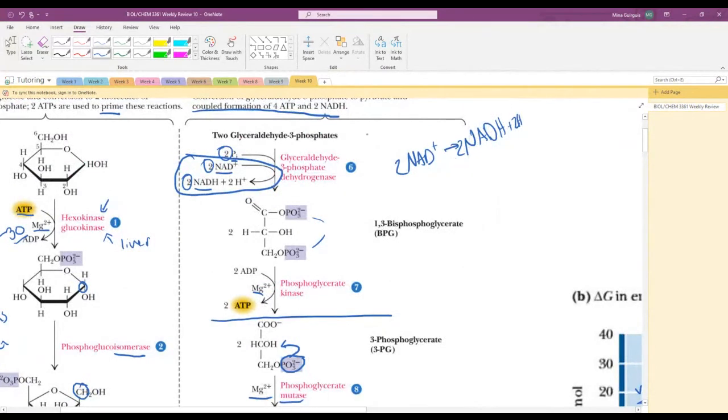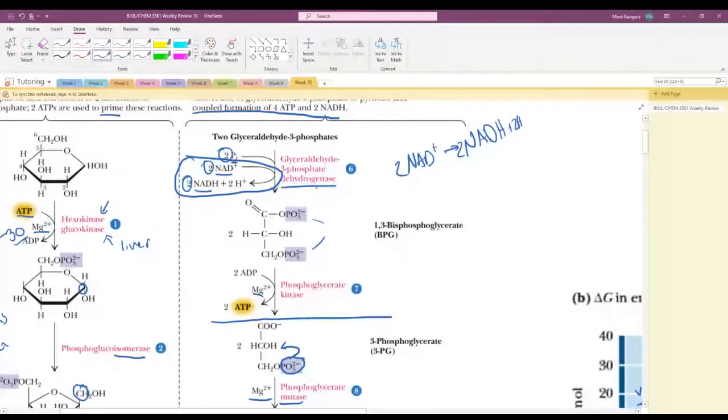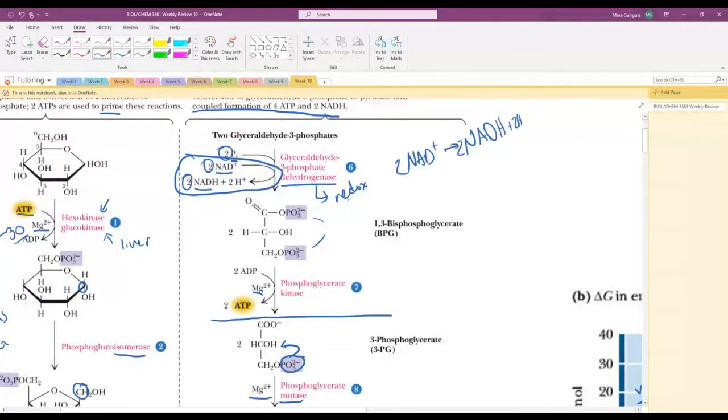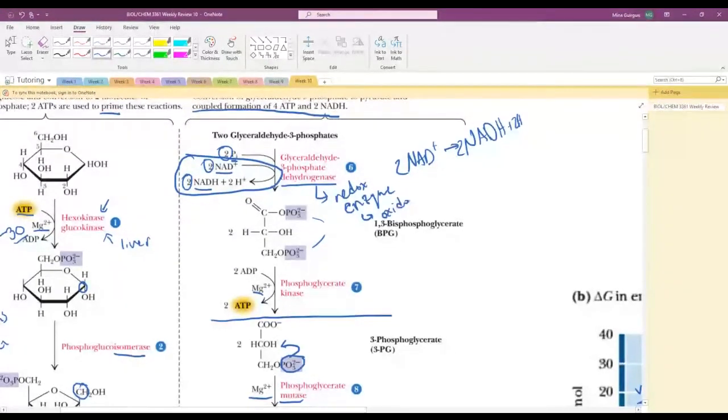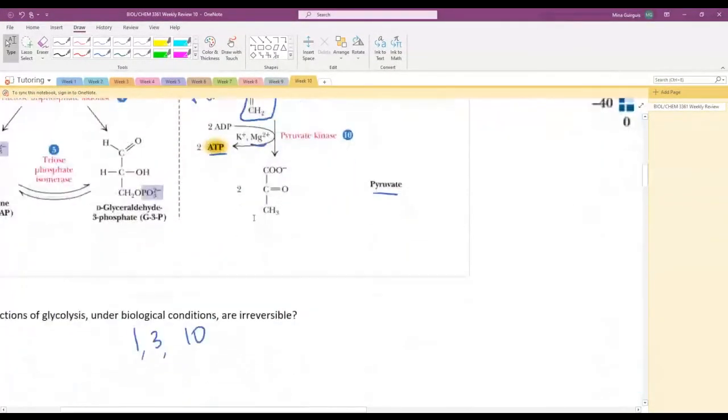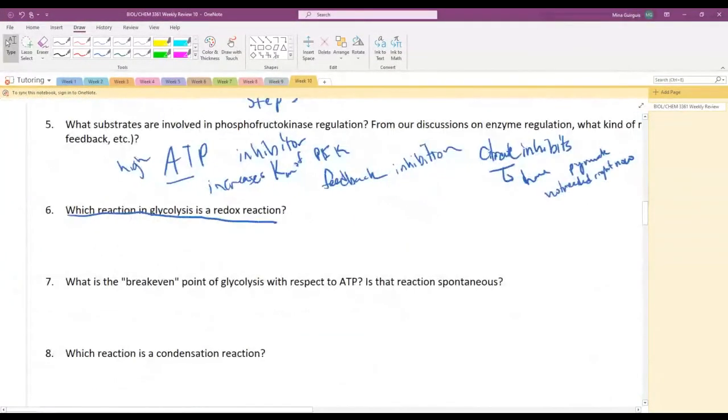So this is a redox reaction. And a lot of people will say, but the enzyme is called a dehydrogenase. A dehydrogenase is a redox enzyme, an oxidoreductase. I apologize for writing slow. There we go. So that's number 6.